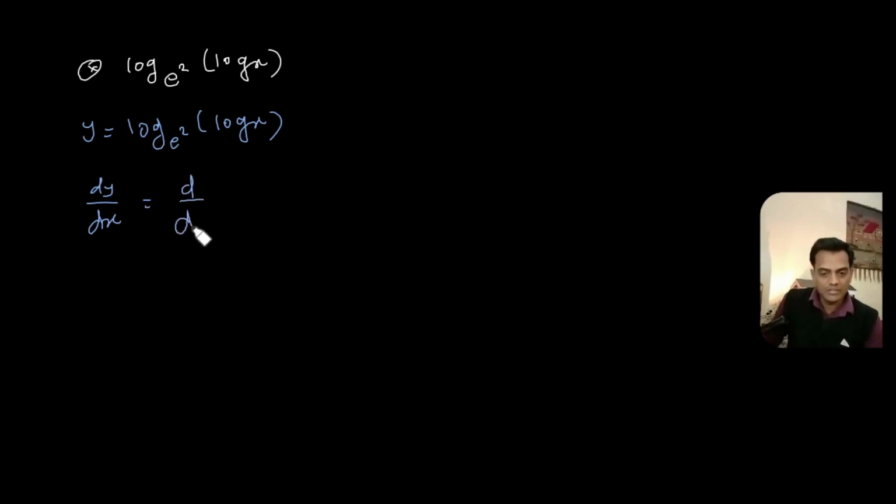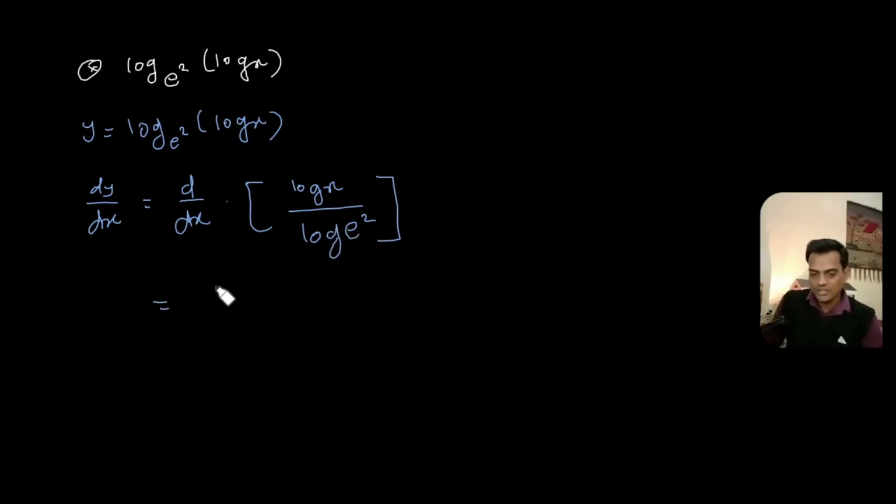So dy by dx is equal to the derivative of this expression, but we can arrange this expression as log of x divided by log of e square. Then we have to calculate the derivative. Log of e square is a constant, so we can take it out.